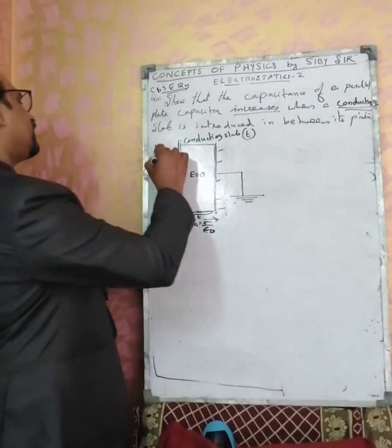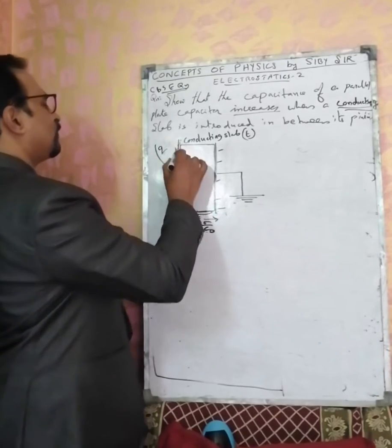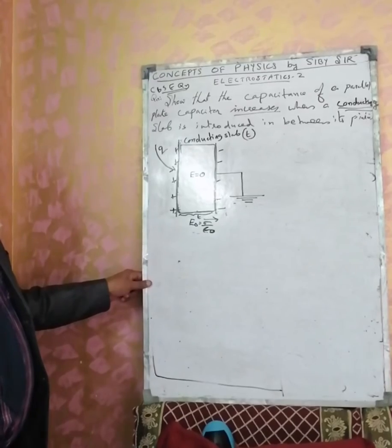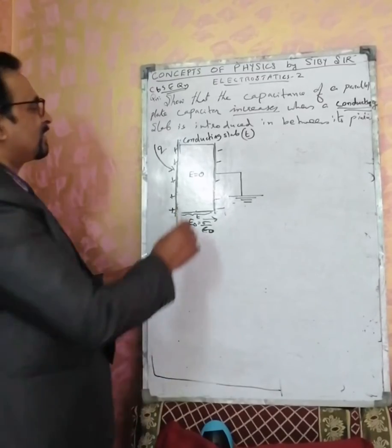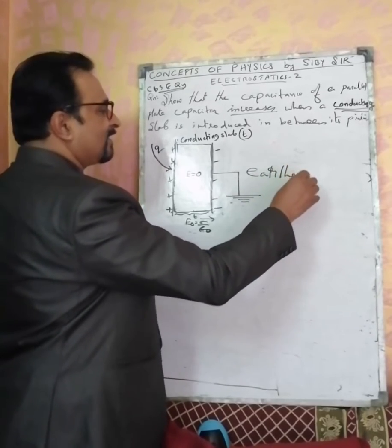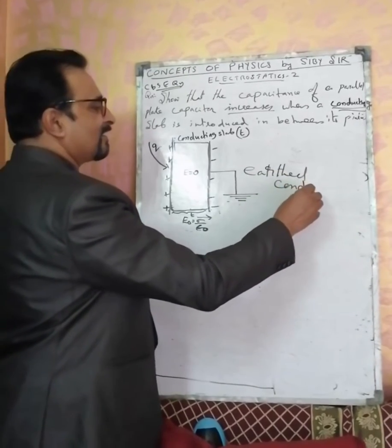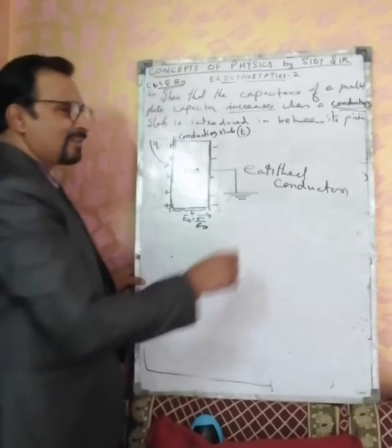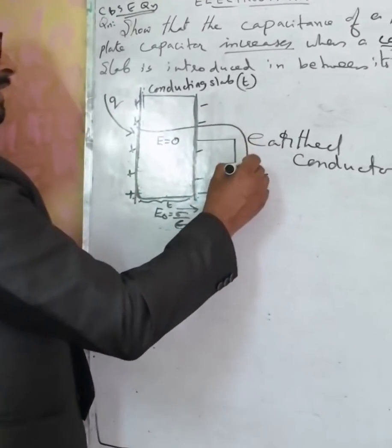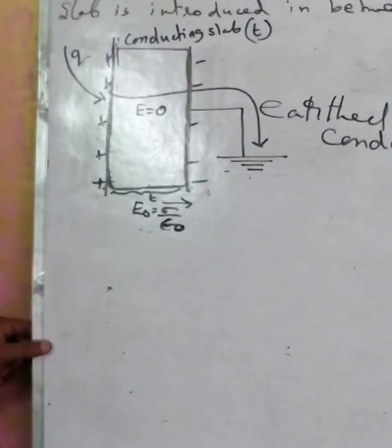So if you are supplying charge to this positive plate, what will happen? Can you tell what will happen? Because the system behaves like an earthed system. See, it's an earthed conductor. It behaves like an earthed conductor. So whatever charge you are giving here will be directly flowing towards earth.